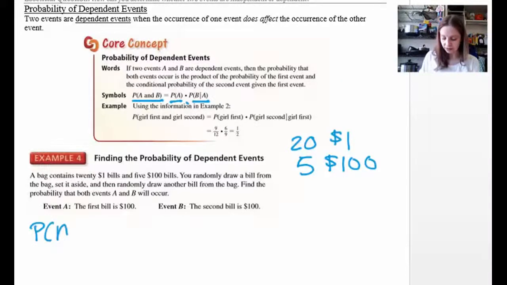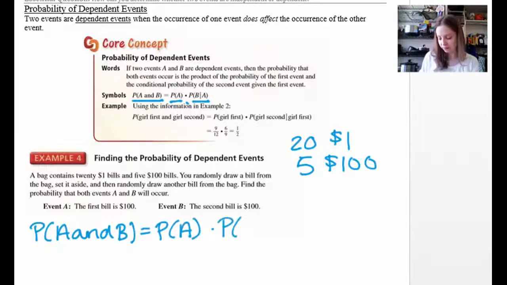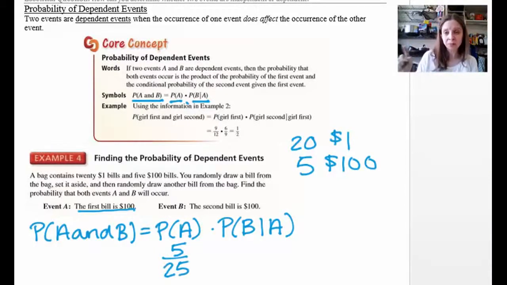So the probability of A and B is the probability of A times the probability of B given that A happened. The probability of the first bill being $100: there are 5 $100 bills out of 25 bills total. Now we don't replace this $100, so what's left in the bag is 4 $100 bills.